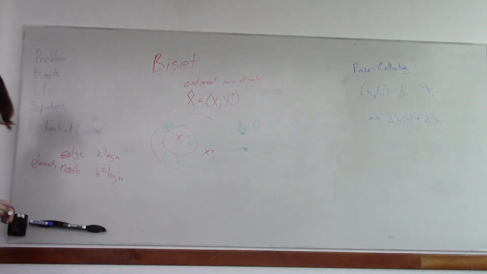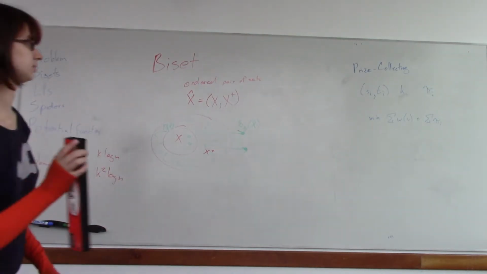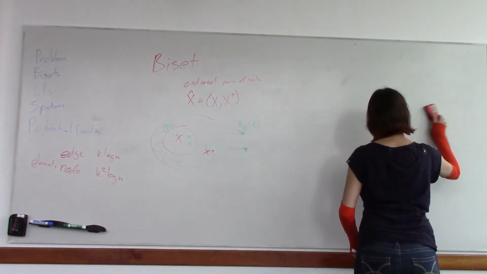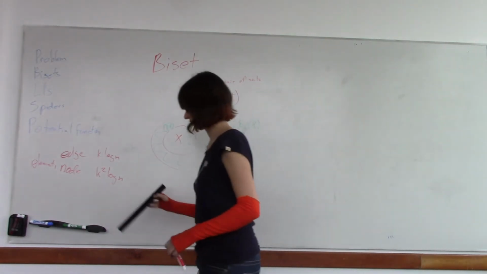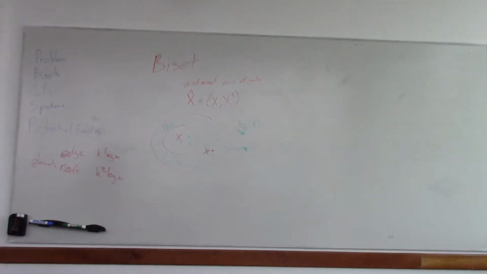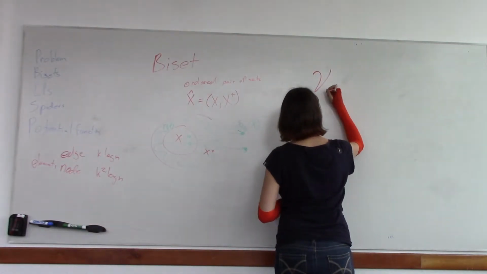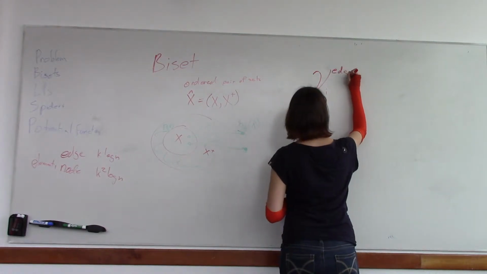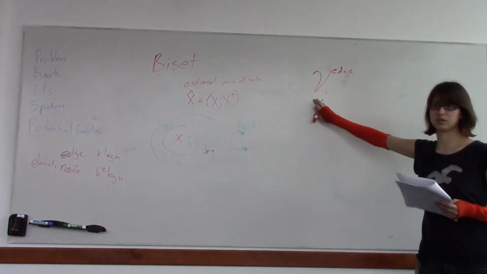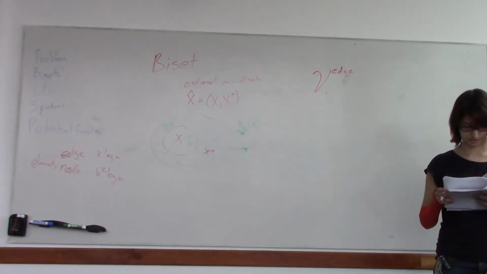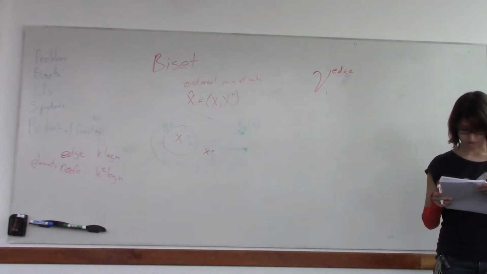So if we are looking at our particular type of connectivity, we're going to define the family of bisets V_I edge. This is just denoting that we're working with edge connectivity here.